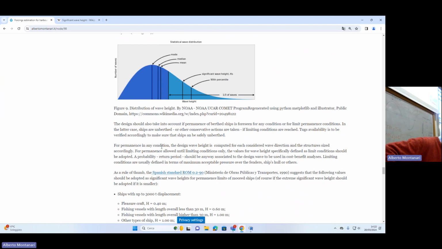Okay, wind and waves, of course you have to compute for any direction. So when you collect wave data, you get the wave height as information and the wave direction. So you have to compute the extreme wave for any direction because you have to check the berthing conditions for any direction.